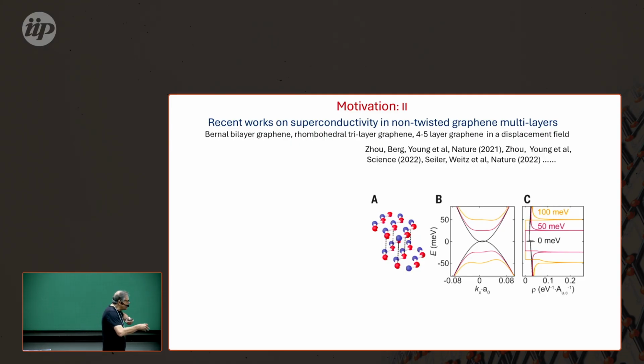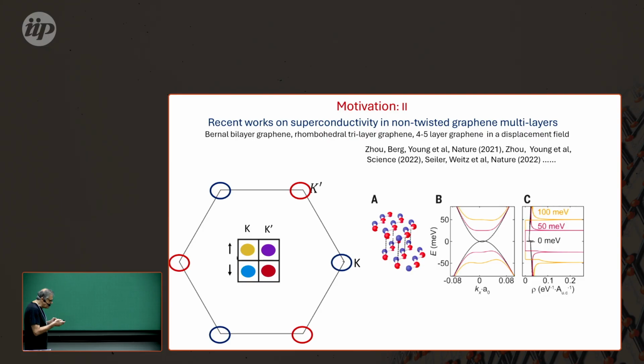Actually what you do, you enhance the density of states in a pretty wide range of dopings, and essentially what you get, in a very simple form, when you look at what happens at very small doping, you open up not exactly circular Fermi surfaces, it's more complicated, but you open up Fermi surfaces near K and K prime points. And if you don't break any symmetry, you have two types of degeneracies.